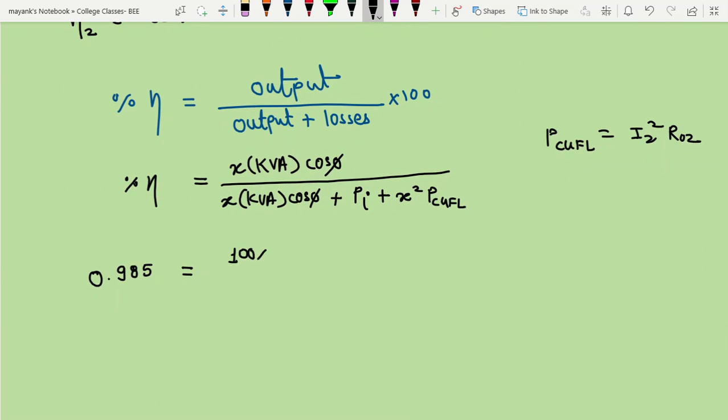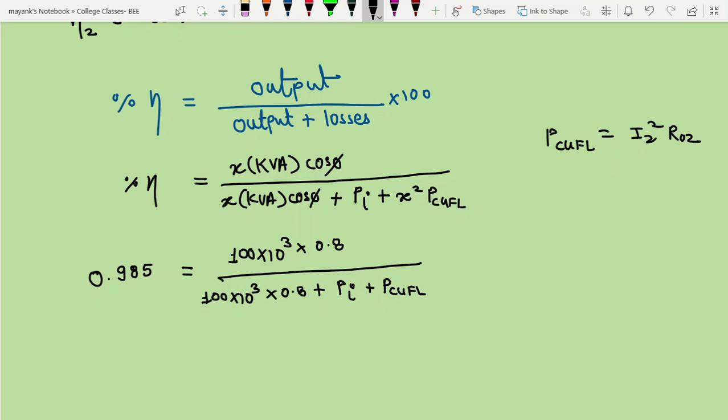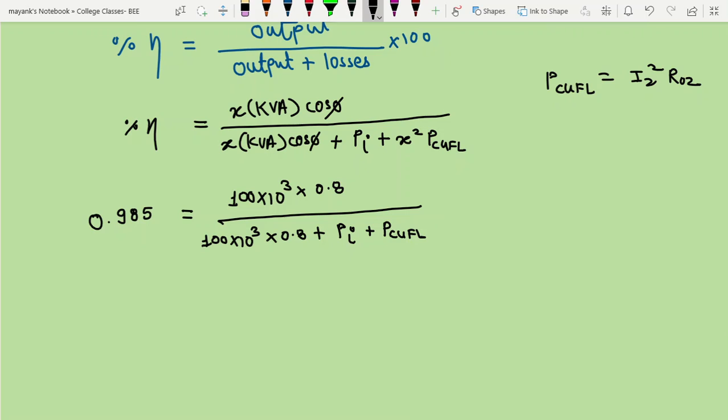So 100 into 10 raised to the power 3 VA into cos phi, which is 0.8, divided by, again 100 into 10 raised to the power 3 into 0.8 plus Pi, which is unknown, ये तो हमें निकालना ही है, and x is 1 here, so it will be the copper loss at full load, है ना. So from this you can rearrange this equation actually like this.